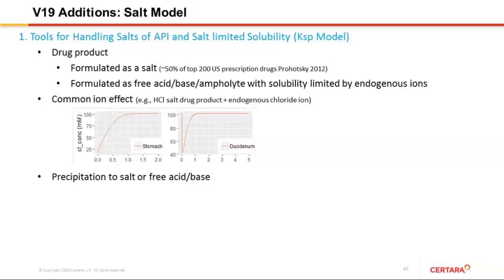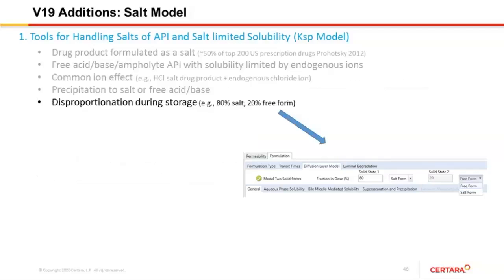So, for example, if you take a drink of water, the initial chloride ion concentration in the stomach is diluted. The models can also handle precipitation to either salt or free base. Analogous to Tacrolimus, you can look at disproportionation, which can occur during storage for salt formulations.